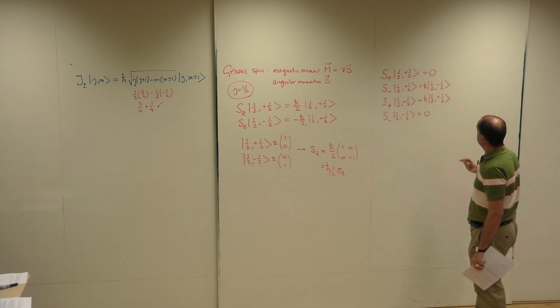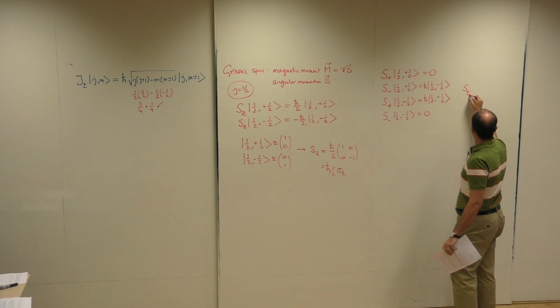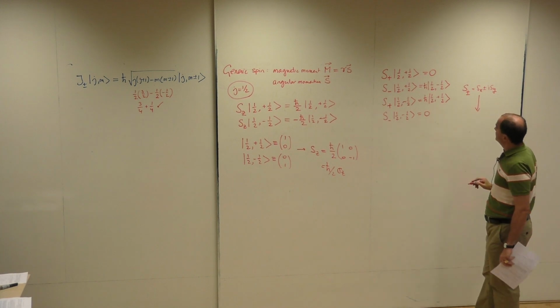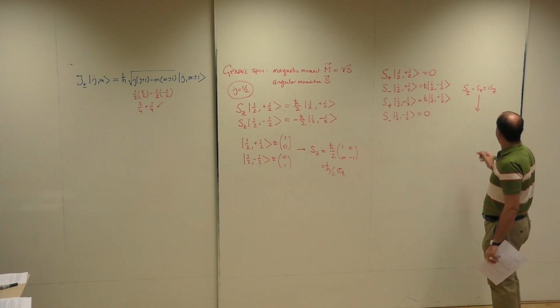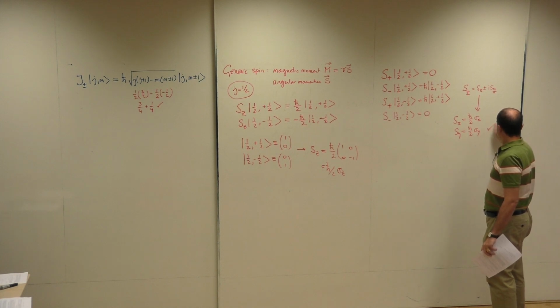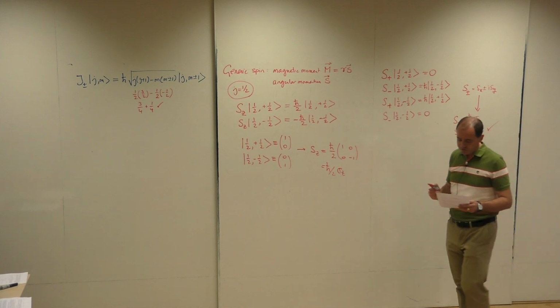Okay? And now, using that S plus or minus is equal to Sx plus or minus i Sy, you plug these things in, and you find that Sx is equal to h bar over 2 sigma x, and Sy is equal to h bar over 2 sigma y. Just do it for the sake of it.